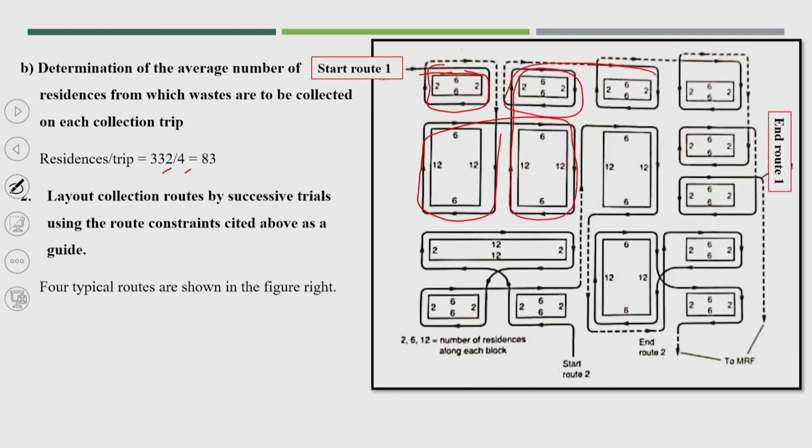Likewise, the operation continues, and you see there is no U-turn. Likewise, waste is getting collected and here the route will end. So, this is the first route.